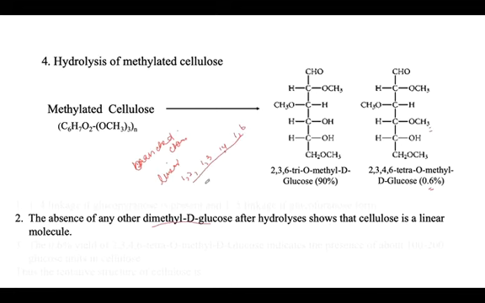And had there been any other linkage, that is a chain point, then we would have said that there might be the possibility of getting dimethyl D-glucose.